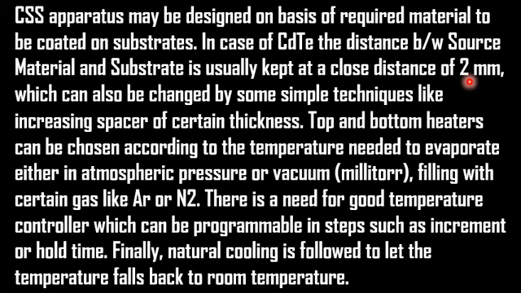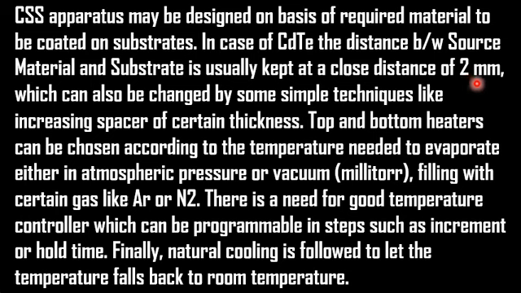So you can check what the effect is of keeping the distance away and keeping the distance closer to the substrate material, like what will be the change in the thickness, and what you can achieve in terms of physical as well as chemical properties. So you can do experiments by varying the distance between the substrate and the precursor material.